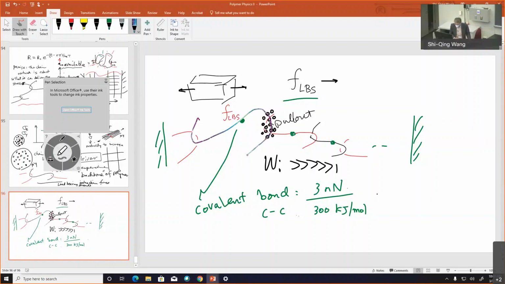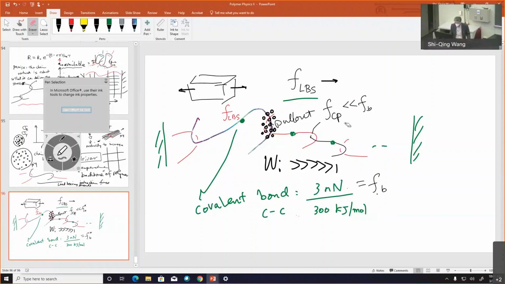But as long as I have the vision that this chain pull-out force will always be smaller than the breaking force, I know I'm being just somewhat casual, so let's just call this breaking force F star. Or perhaps you like it better, just call it the breaking force, FB.